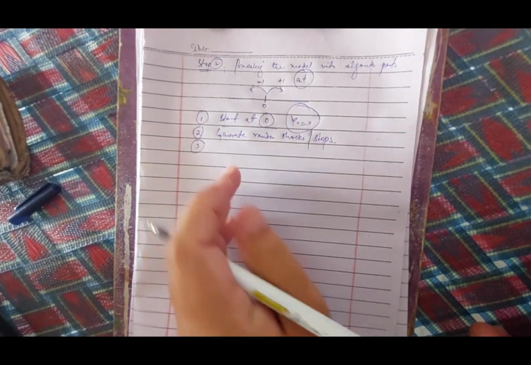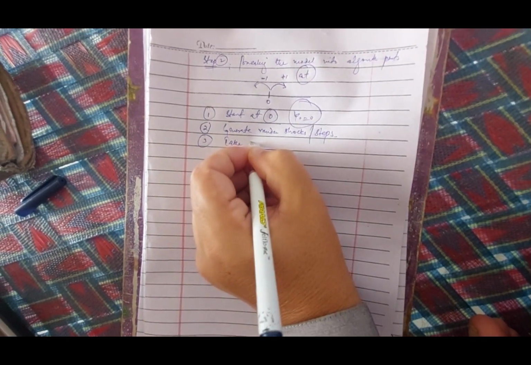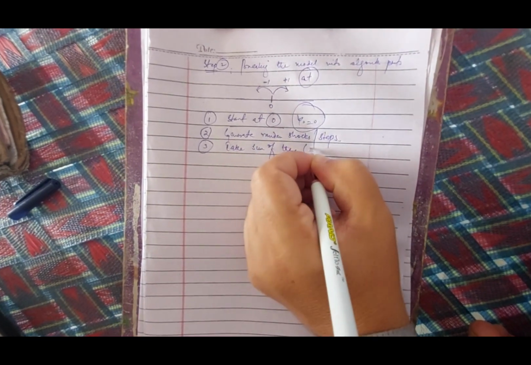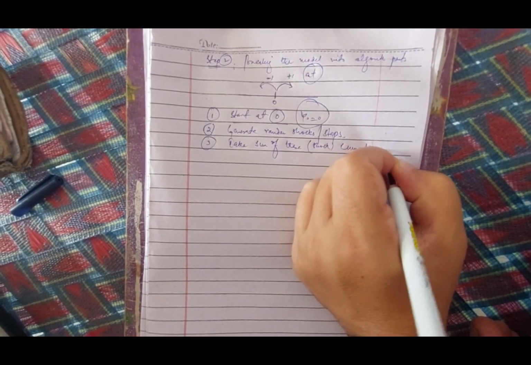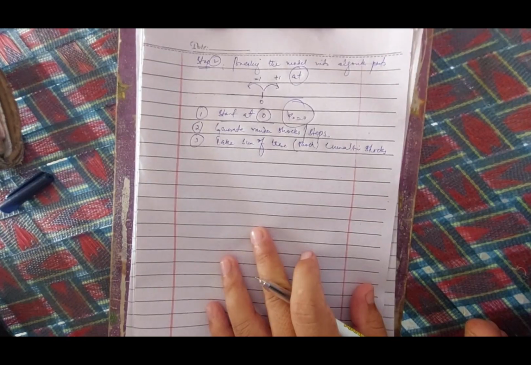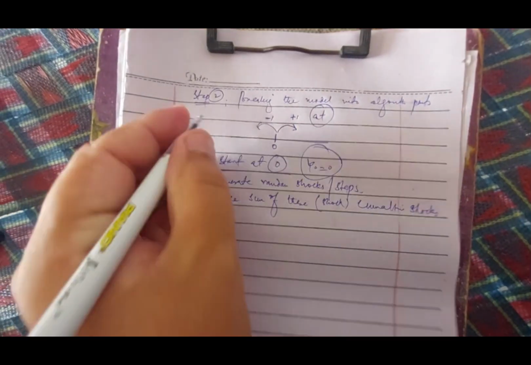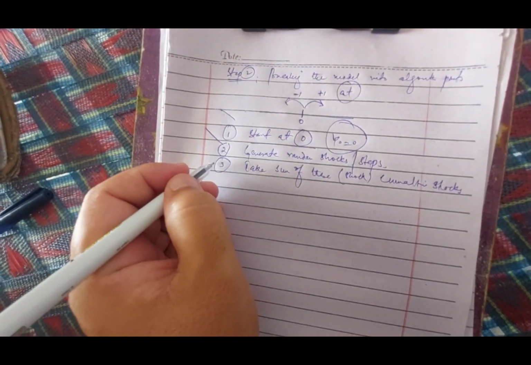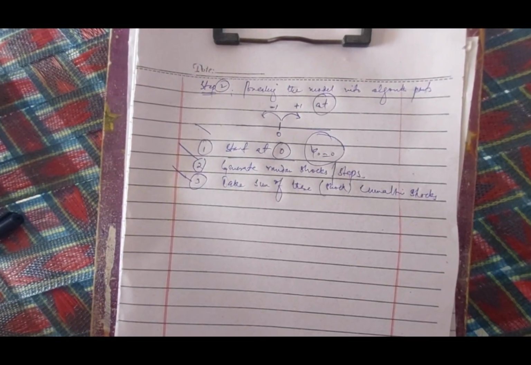The third part in this algorithm is to take the sum of these steps or shocks, so we find the cumulative sum. This is the algorithm: start at 0, generate random steps or shocks, and take the sum of it.